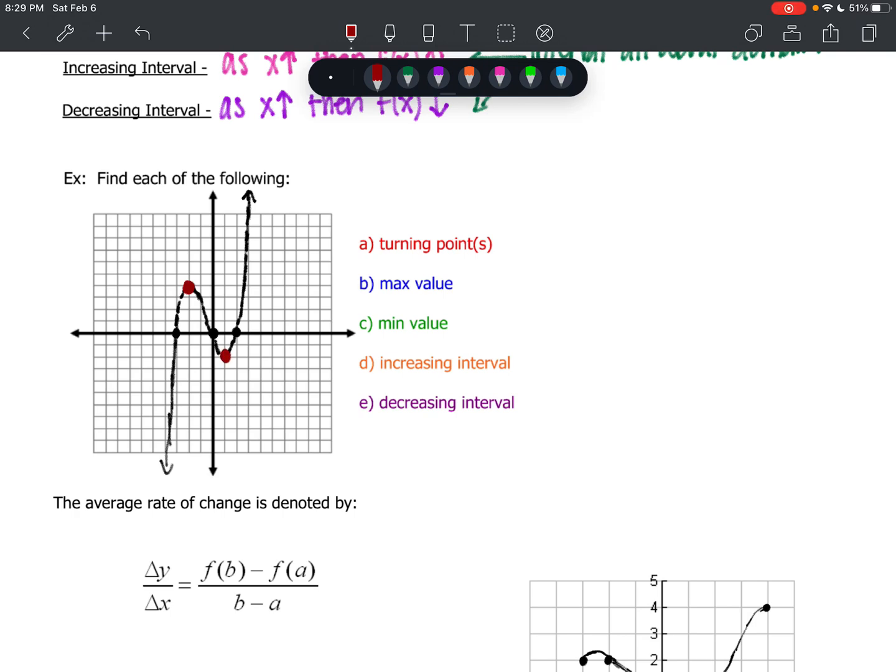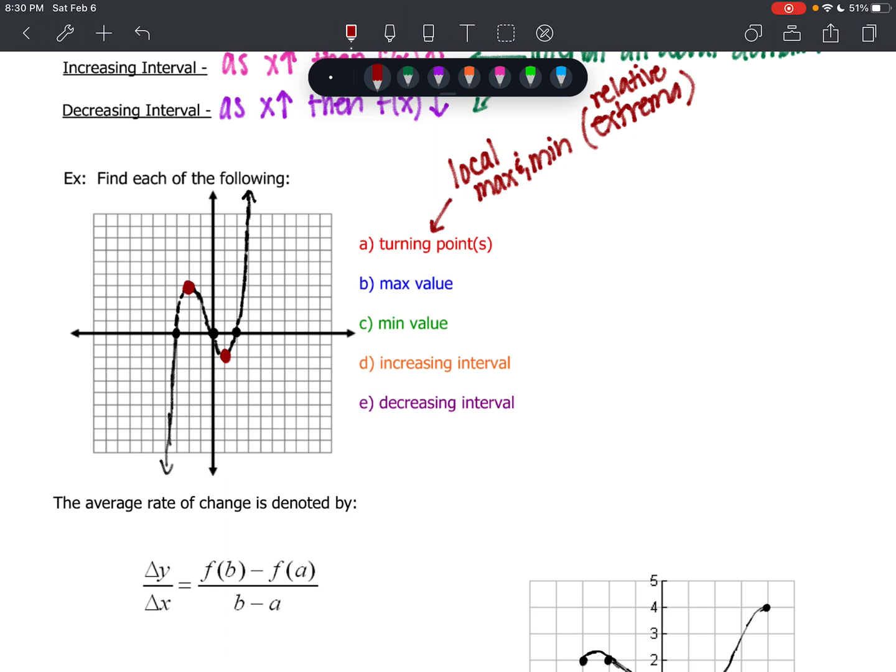So local maximums and minimums are turning points. Local max and mins. Those are also called extrema. Okay, so relative extrema. So you might see that terminology. I like to say local max and min because you can see, local to a certain area.